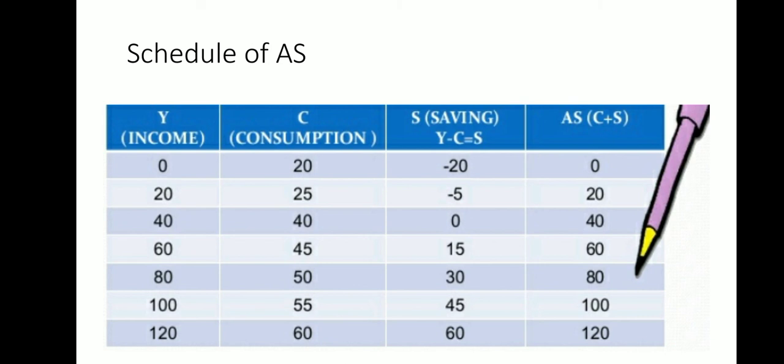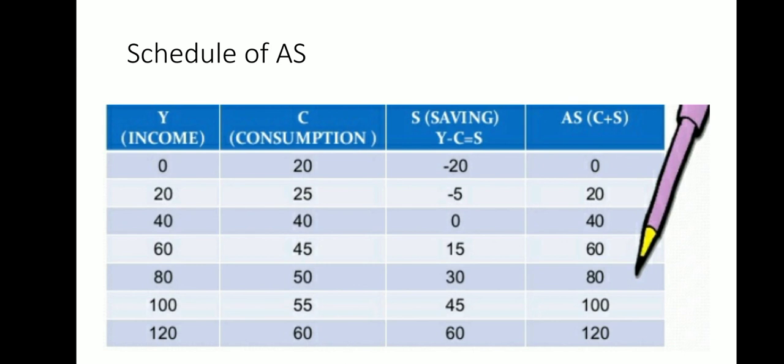How does it come? Saving you always get from Y minus C. Whatever you are earning, a part of it you are saving. After consuming, whatever is left out is called saving.